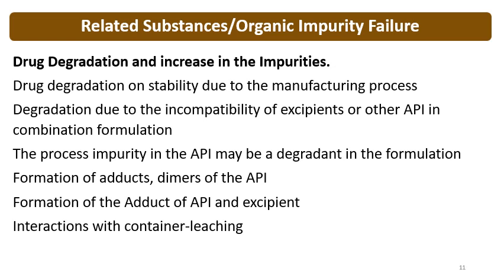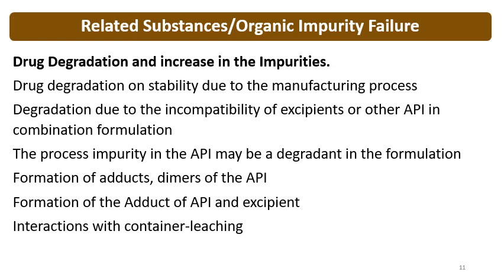Then related substances or organic impurity failure. Failure or increase in the impurity in the formulation. That may be due to the drug degradation, that may be due to other reasons. So drug degradation or instability due to the manufacturing process may also happen. Degradation due to the incompatibility of excipients or other APIs in the combination formulation.